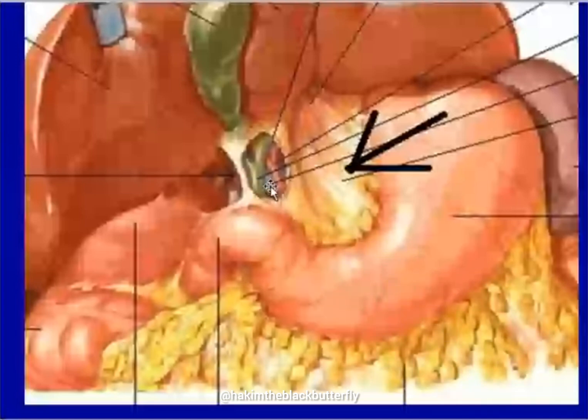This arrangement is also important. We just don't say that structures at the hilum of the liver have the hepatic artery, the portal vein, the bile duct. Which arrangement? The hepatic artery is on the left, the bile duct is on the right, and the portal vein is posterior to both of them.